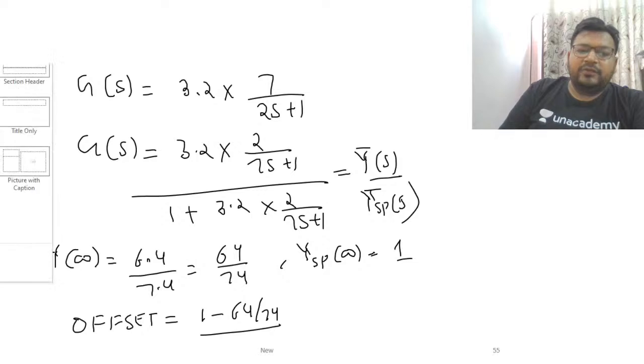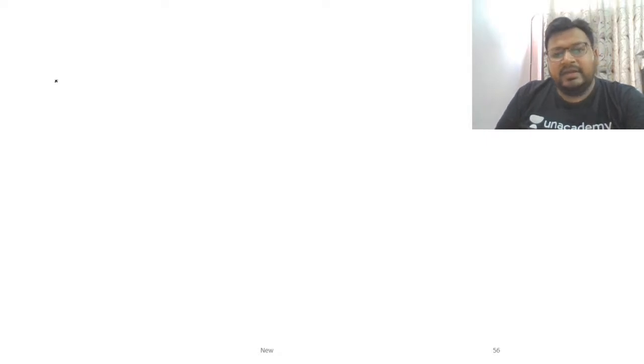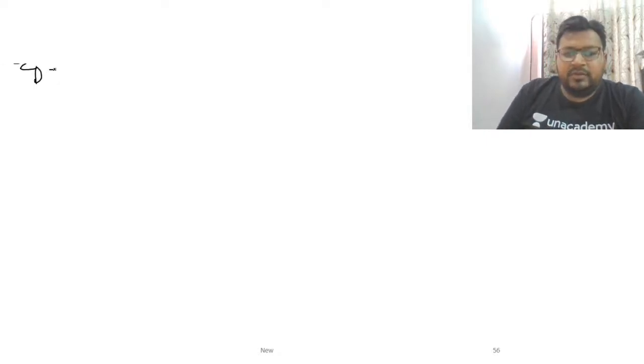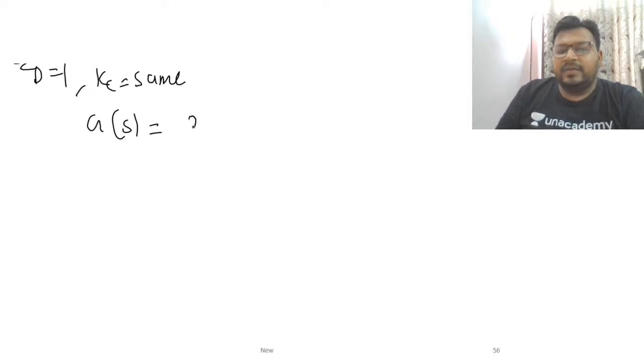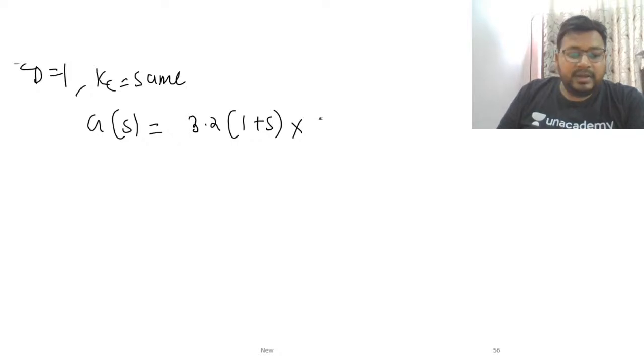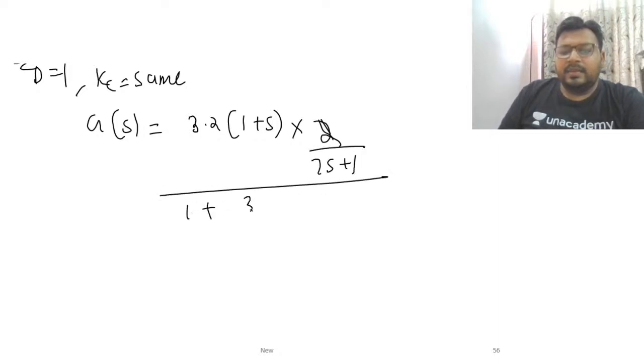Now let us calculate for PD. Okay. So for PD, let's say Kc remains same and tau d is, let's say, 1. So the tau d value I am taking 1 and Kc value I am taking same for the simplicity. So what will be the overall transfer function in that case? It will be 3.2 into 1 plus s into 2 by 7s plus 1 divided by 1 plus 3.2 into 1 plus s into 2 by 7s plus 1.